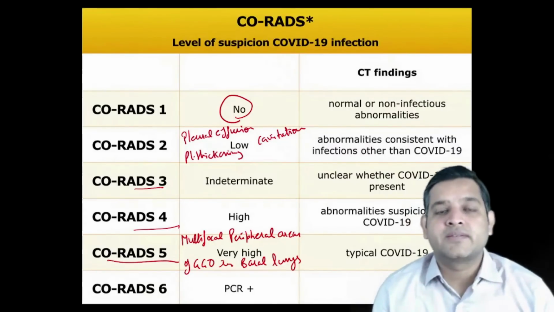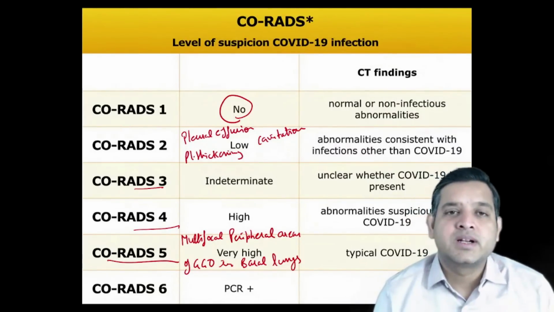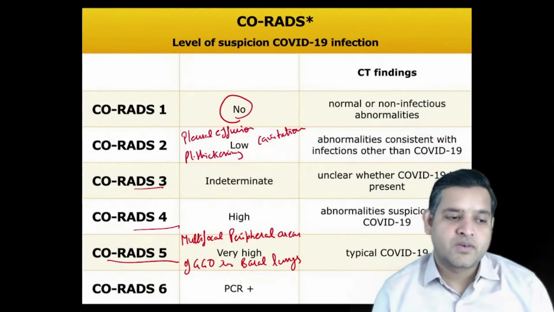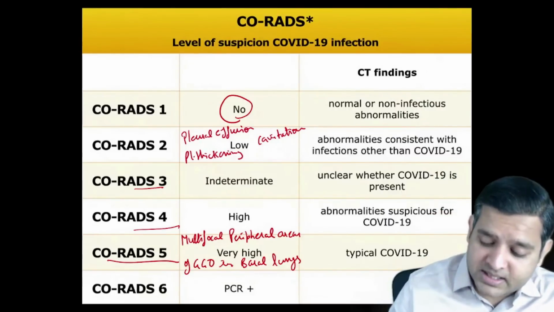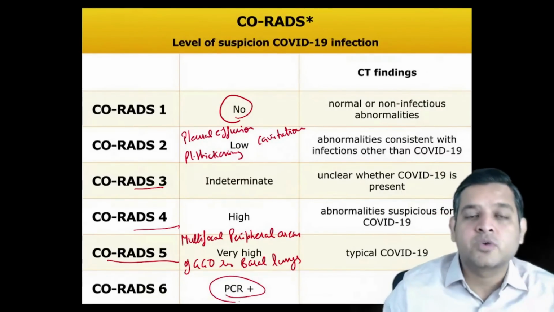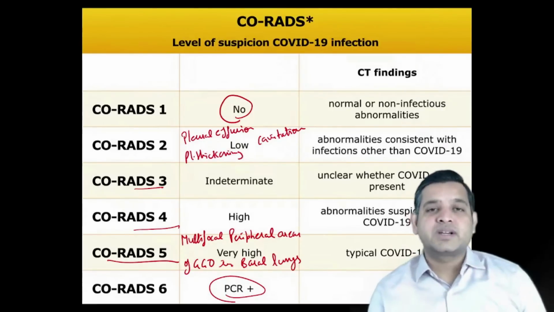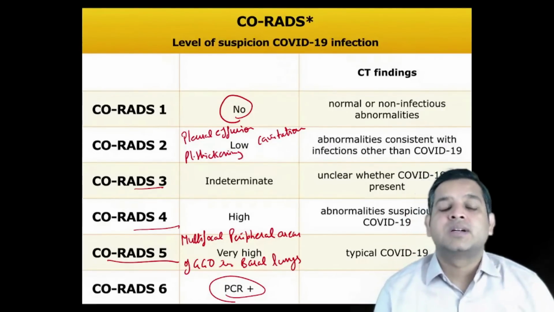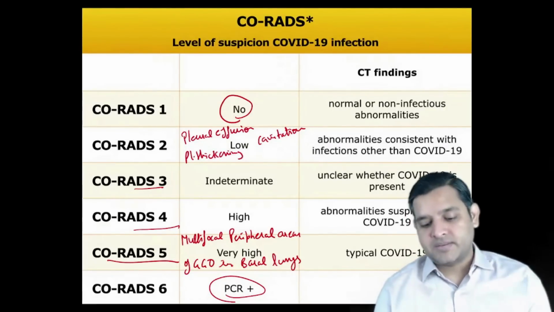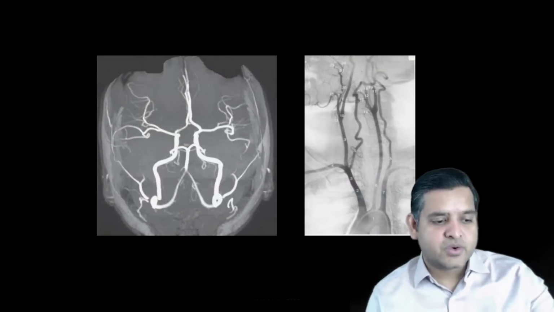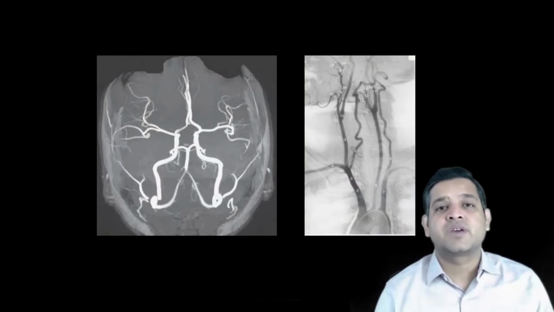That is CORAD 5, and that is considered to be typical for COVID-19. CORAD 6 is RT-PCR proven COVID. So the point that I want you to remember is CORAD does not tell me the severity.